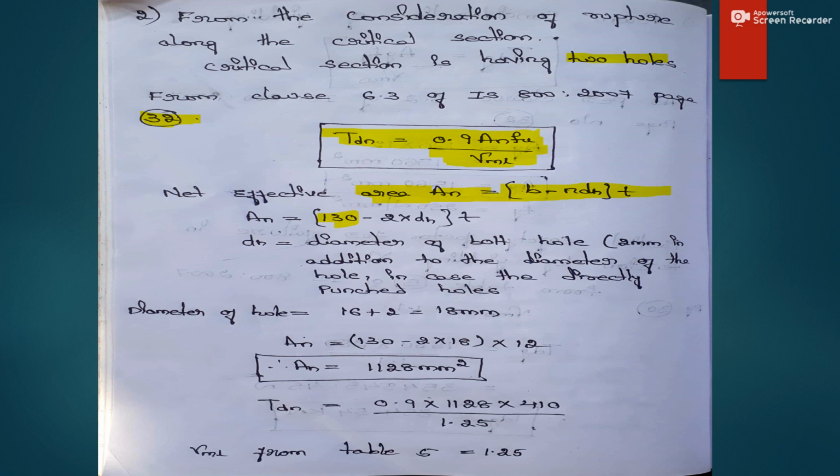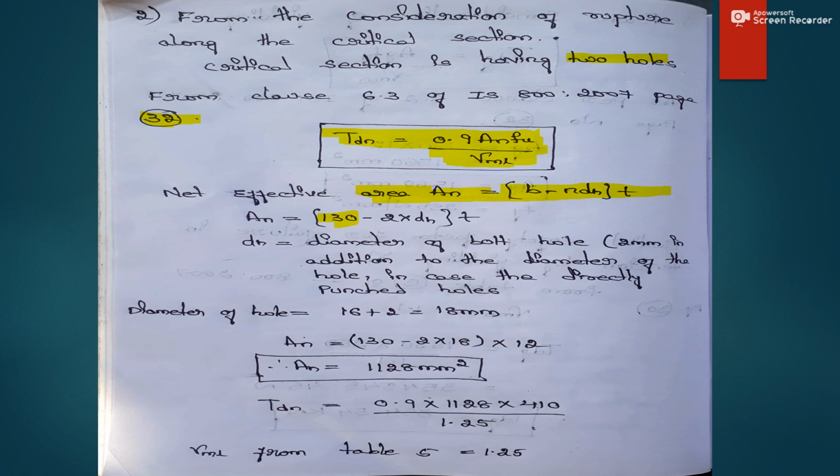Let me explain. dh is the diameter of the bolt hole; 2 mm is added to the diameter of the hole in case of directly punched holes. So when we are calculating this, we need to add 2 mm more.